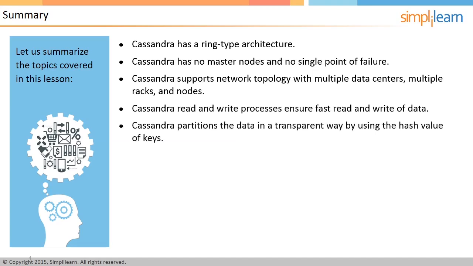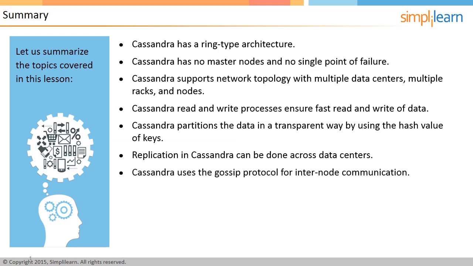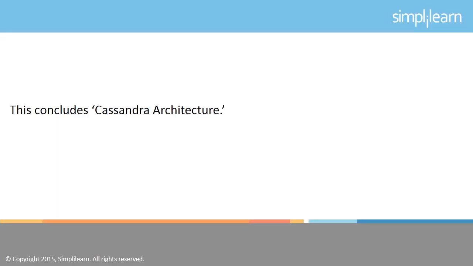Cassandra partitions the data in a transparent way by using the hash value of keys. Replication in Cassandra can be done across data centers. Cassandra uses the Gossip Protocol for internode communication. Cassandra can handle node, disk, rack, or data center failures. This concludes the lesson, Cassandra Architecture.